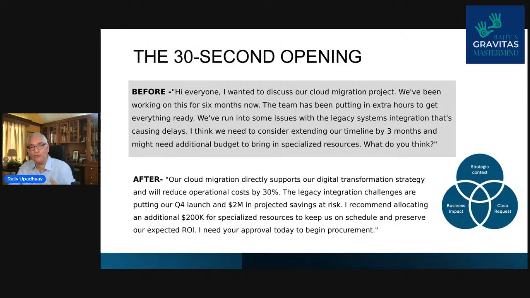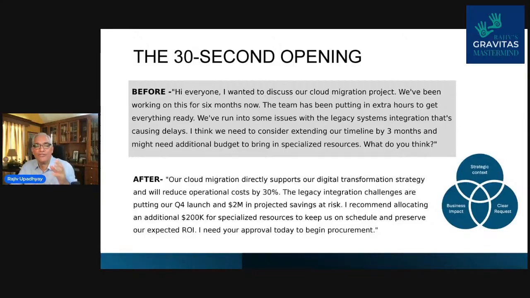Now, if you were to get a request like this, it's all focused on us, it's all focused on the problem, and that it is going to increase the budget and it is going to be delayed. All those things that an executive doesn't want to hear. So they have multiple questions floating in their head: what is the impact, what exactly do you mean by an increase in budget, and how are we going to organize it.